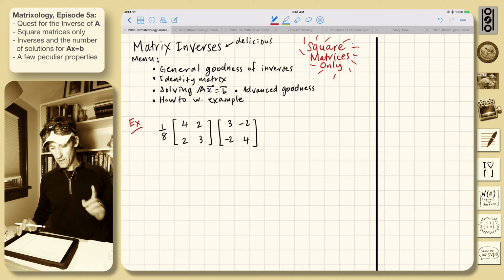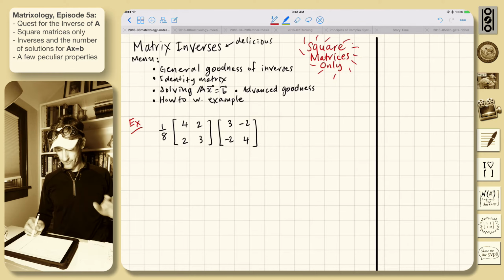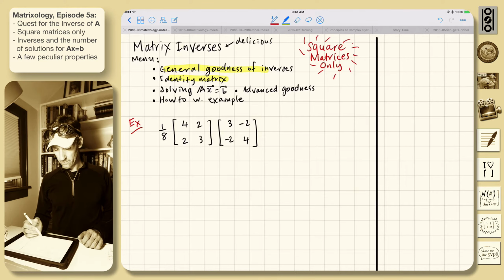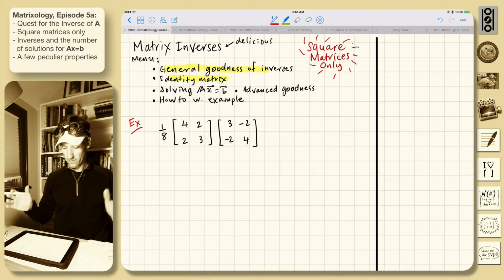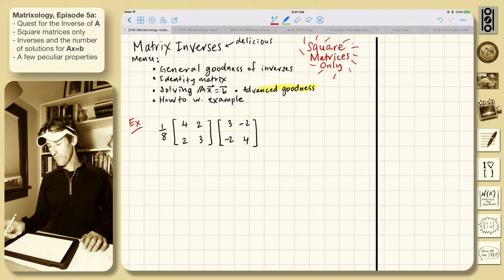The pieces we're going to go through, not all in this little section, are the good things about inverses. The identity matrix is fundamental to what we're doing here. Then how we use inverses to solve AX equals B, and the things that gives us.